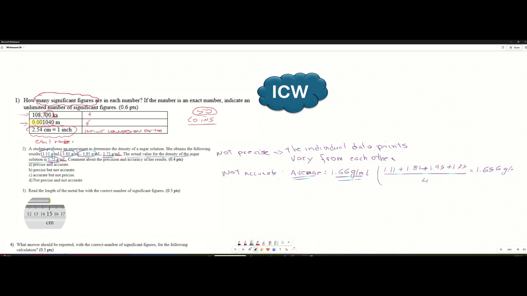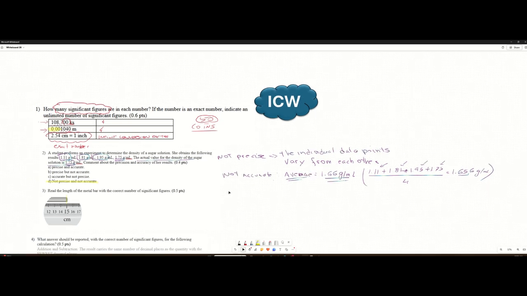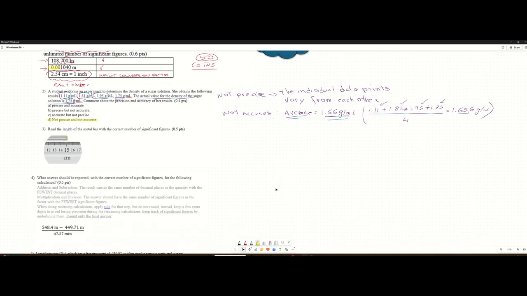I round because of the number of significant figures I have, 2 significant figures, so I round that, okay? So it's not precise and not accurate. So our answer will be D over here, okay? So for multiple choice, do like I did over here. Don't just choose your answer, don't just pick the answers. Try to do it by yourself and then you check the answers.